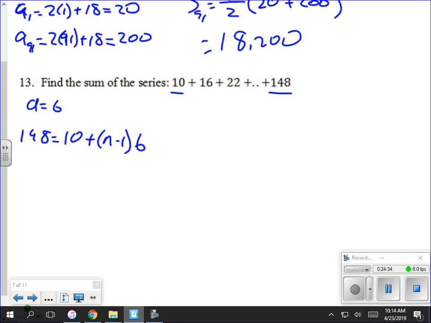So distribute, combine like terms, add, you end up with 144 equals 6n, n equals 24. So there are 24 terms in that sequence.